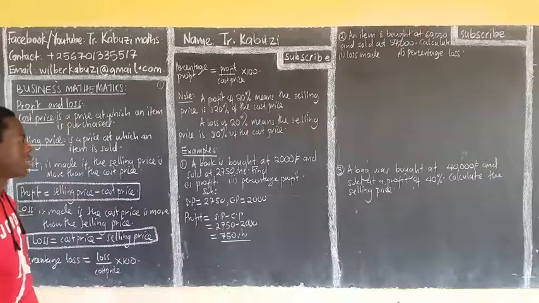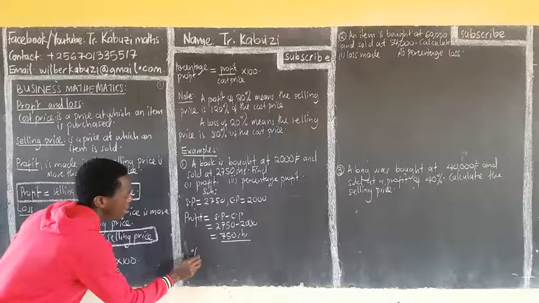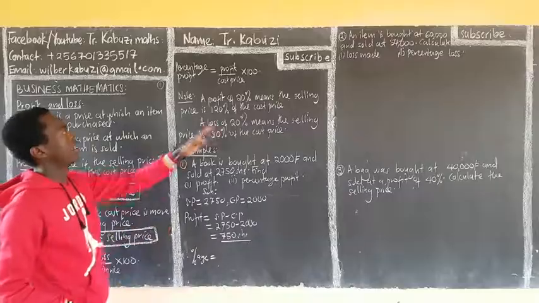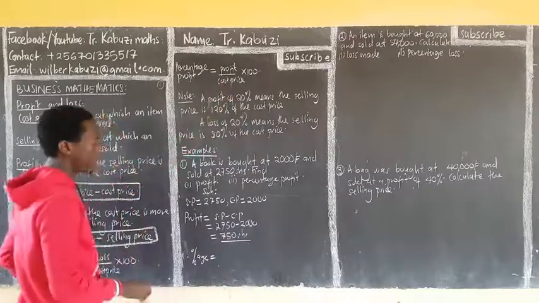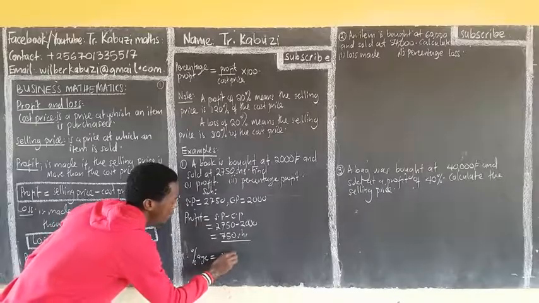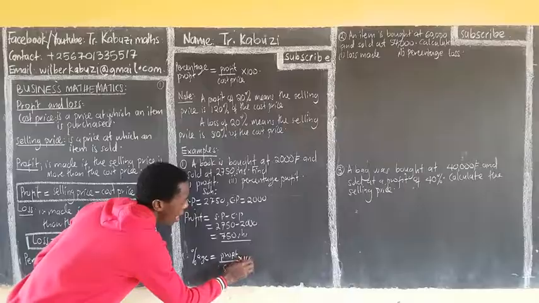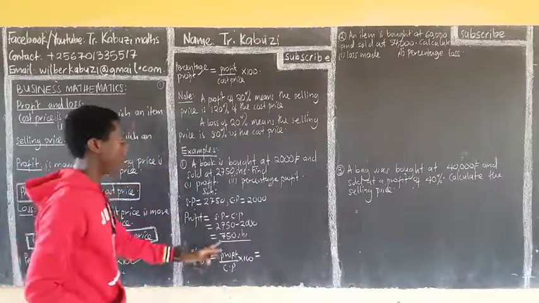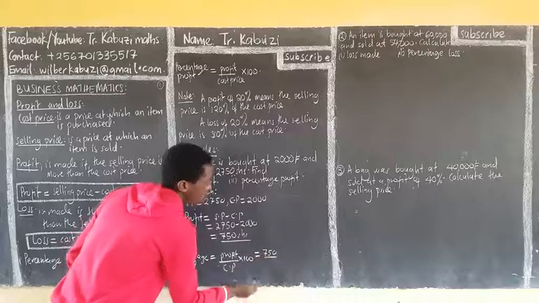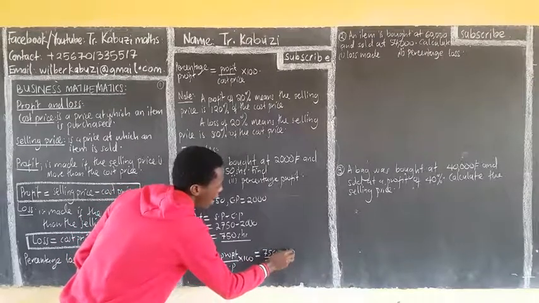Then calculate the percentage profit. The percentage profit is the profit over the cost price times 100, which will be our profit 750 over the cost price, which is 2,000, then times 100.